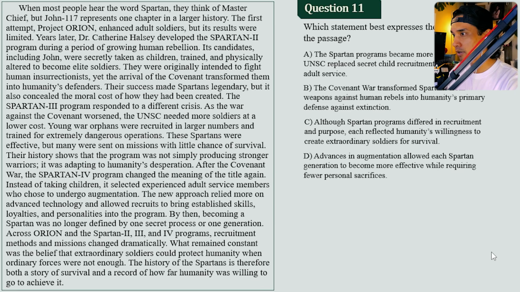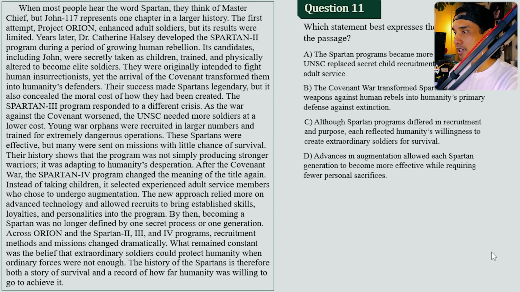After the Covenant War, the Spartan 4 program changed the meaning of the title again. Instead of taking children, it selected experienced adult service members who chose to undergo augmentation. The new approach relied more on advanced technology and allowed recruits to bring established skills, loyalties, and personalities into the program. By then, becoming a Spartan was no longer defined by one secret process or one generation.